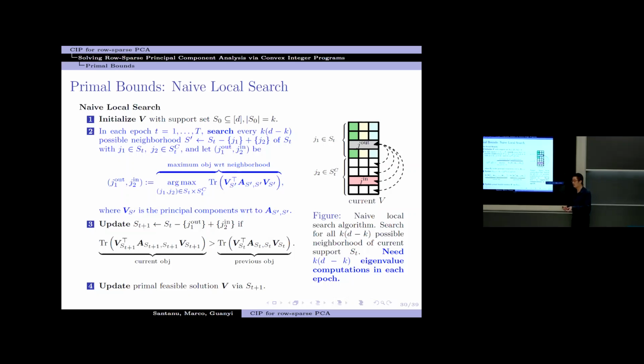Then we check all the possible switches, find the largest one, and make one step update. However, this is not very efficient, especially at large size, because we need to search over all k times (d minus k) possible neighborhoods, where d is the dimension of this principal component. That means we need to do k times (d minus k) eigen computations in each of the submatrices.